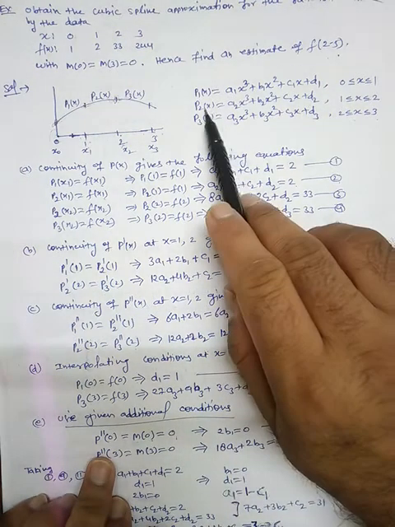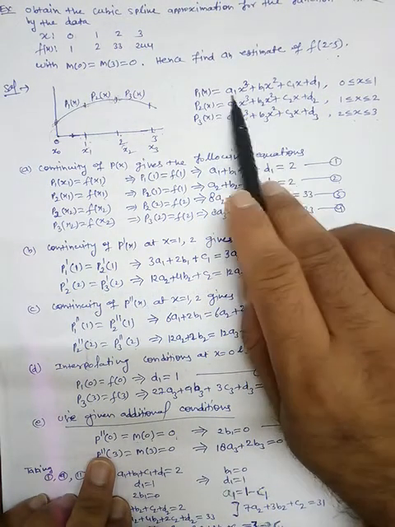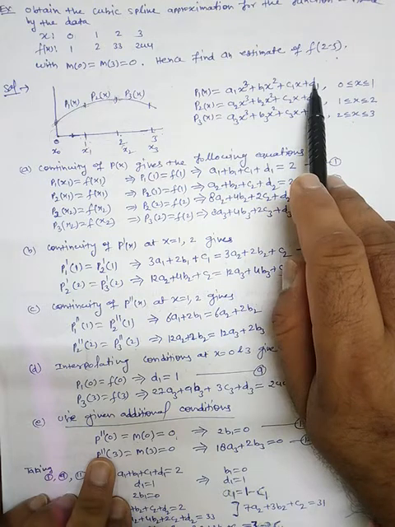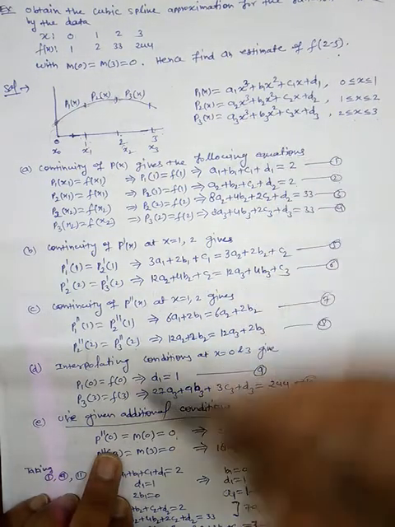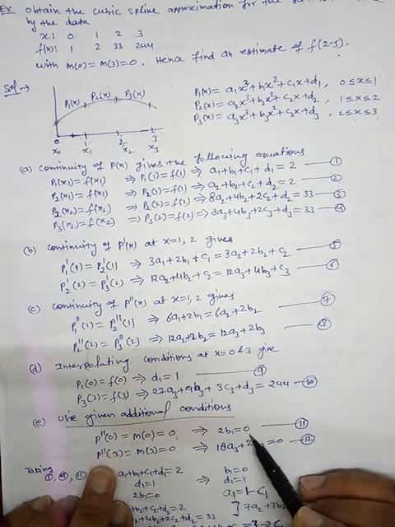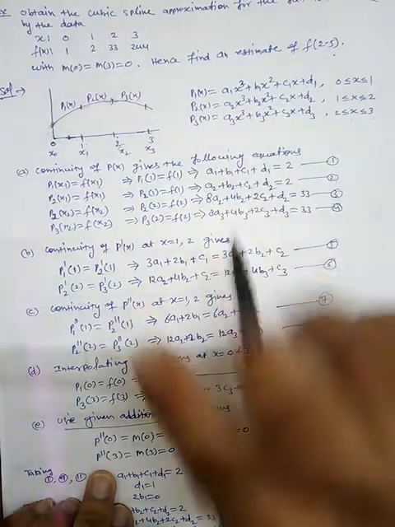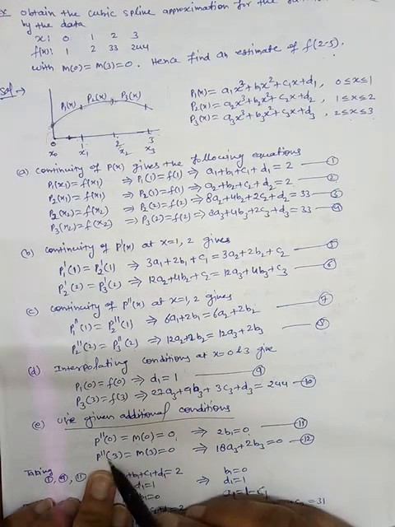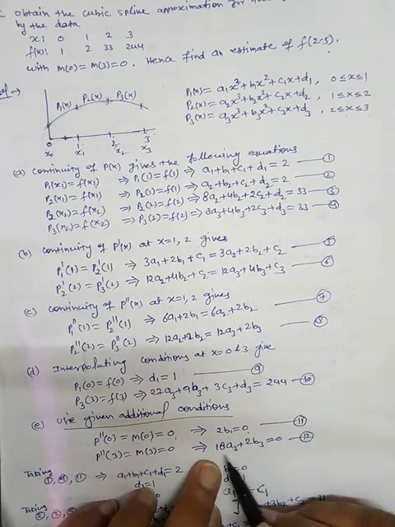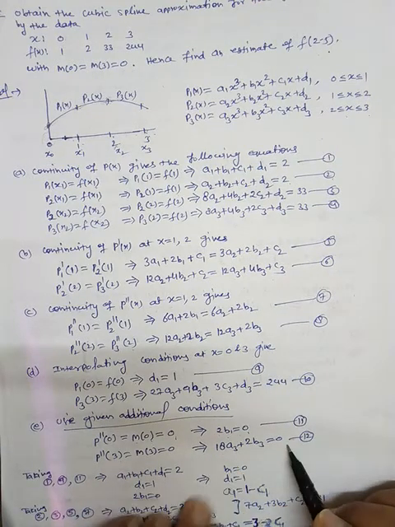So just differentiate this polynomial 2 times and then put x equal to 0. So we get 2b1 is equal to 0. Similarly, differentiate the last polynomial 2 times and put x equal to 3. So we get 18a3 plus 2b3 is equal to 0.